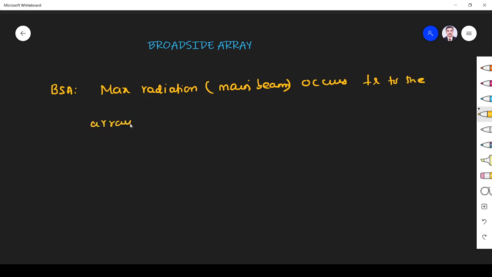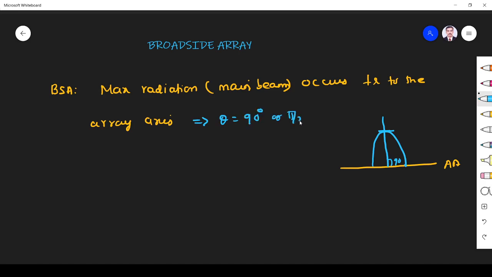Suppose this is our array axis, then the maximum radiation will be occurring perpendicular, so this is 90 degree. So here the maximum radiation occurs perpendicular to the array axis. So this indicates theta is equal to 90 degree or pi by 2 radian.